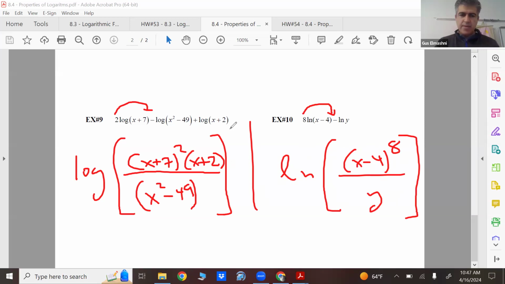By the way, I think I could factor this one a bit further. How's the bottom factor? Yeah, so it's x plus 7.